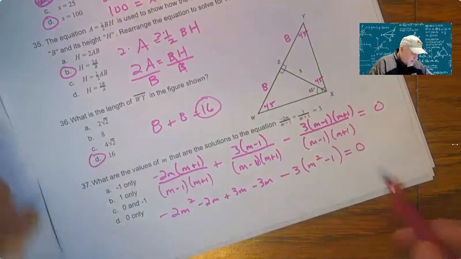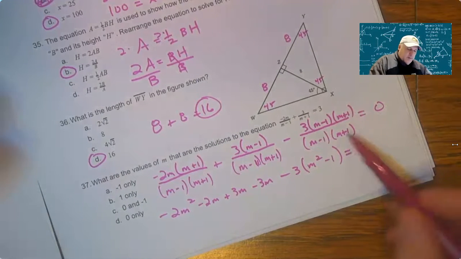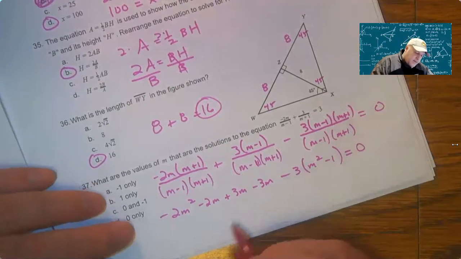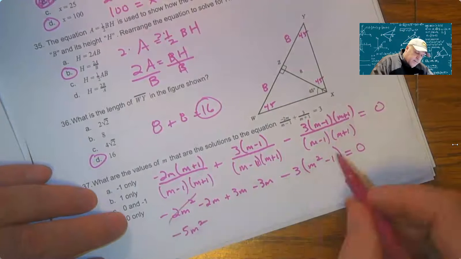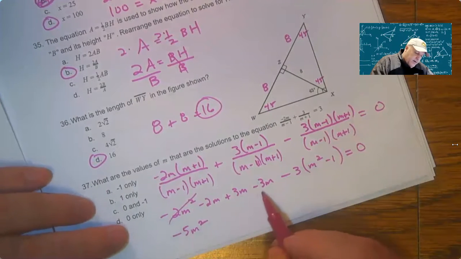So that's just the top, and that's all of what we want to deal with. So the product here, this FOIL product, is m squared minus 1, and then we have to run that negative through. So you end up with negative 5m squared when you run the negative 3 through here. And now combine all your m terms.